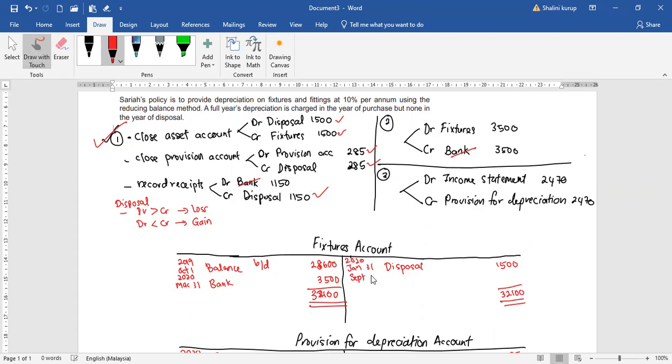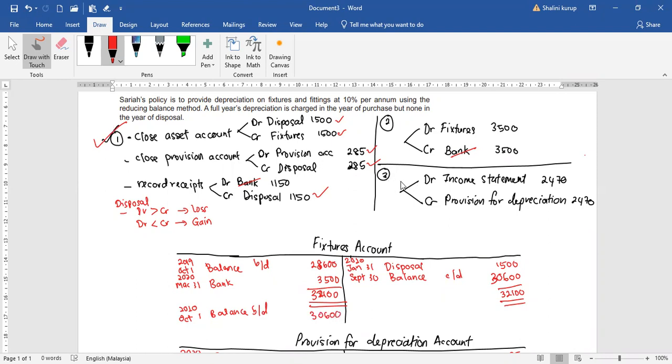Remember the dates must be correct. So balance carry down will be now you minus 1005. So this is the actual cost of your vehicle 30600. Do not forget 2020 October 1st balance BD. Complete your entries. Don't leave it hanging. Okay, so this is you're done.